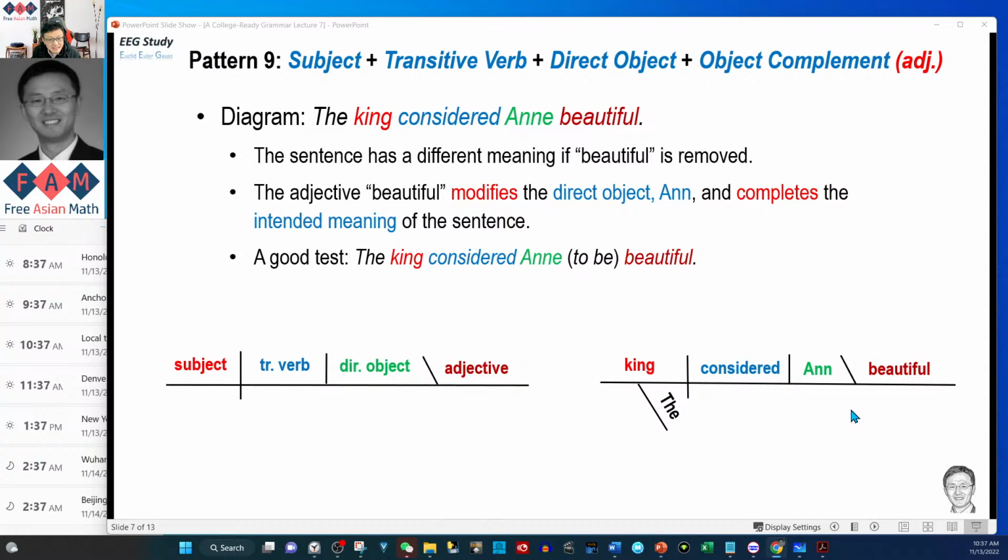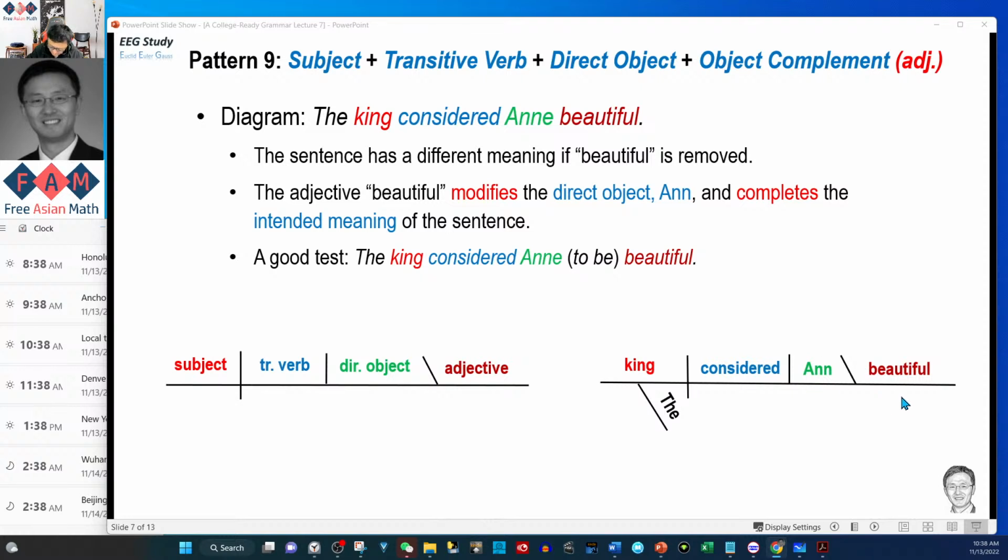Then we have finally the last slot you will ever see above the main line. That's the complement for the object. And just similar to the subject complement, we use, instead of a vertical bar, a backward diagonal line here to point back, in this case, not to king, but to Anne, indicating that this is the complement and it points back to the thing that it completes.